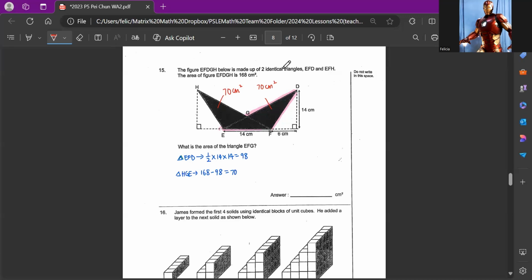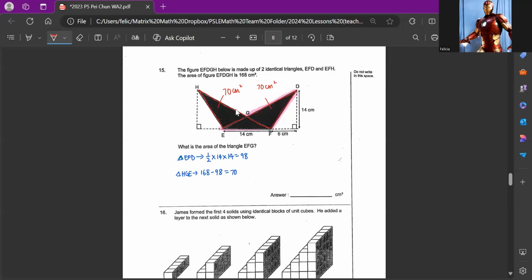Because it's two identical triangles, and they share the same overlapping part here, hence these two remaining parts must be the same. So 70 is this one and this one. Okay, so the one that I trace out in red ink is 70.